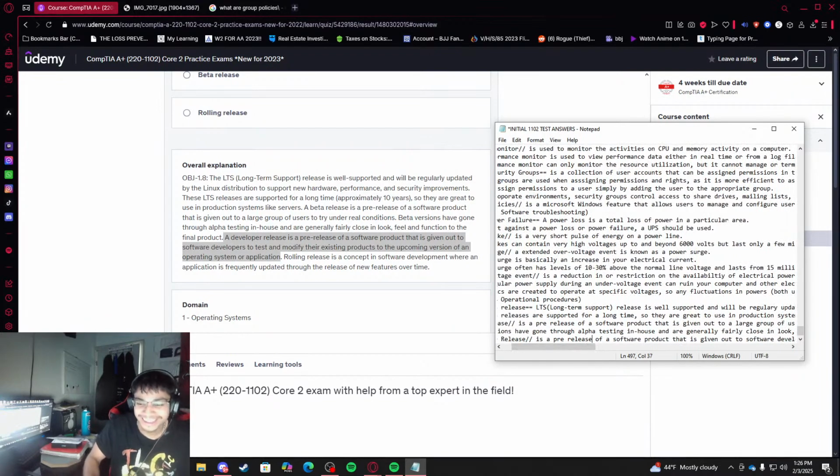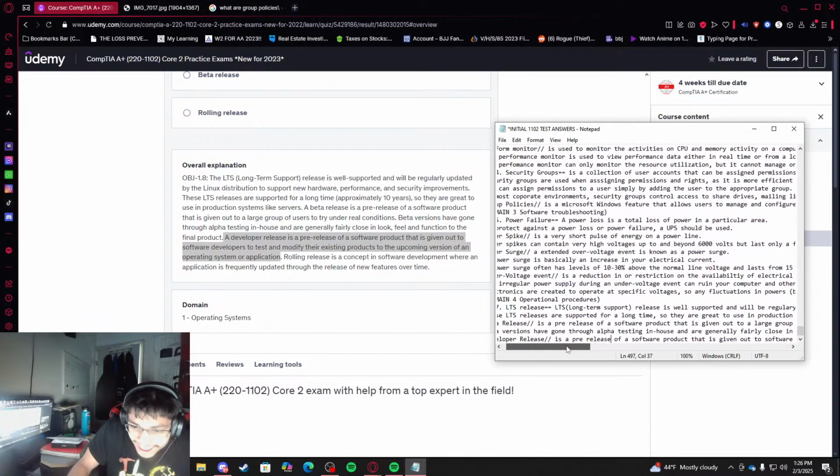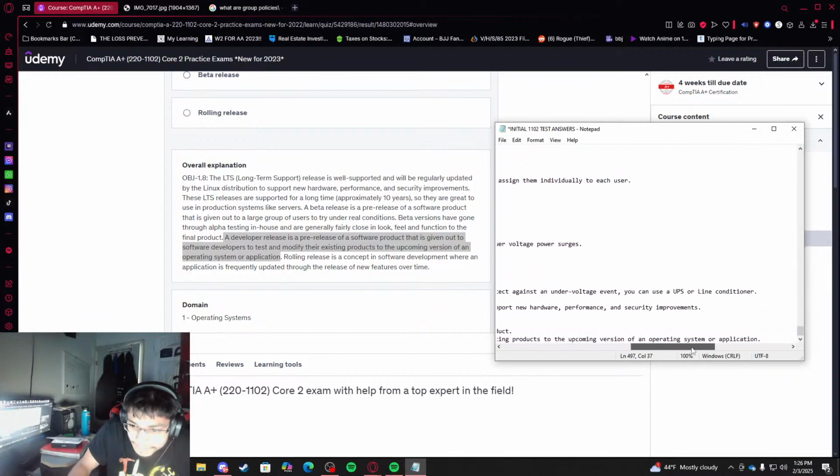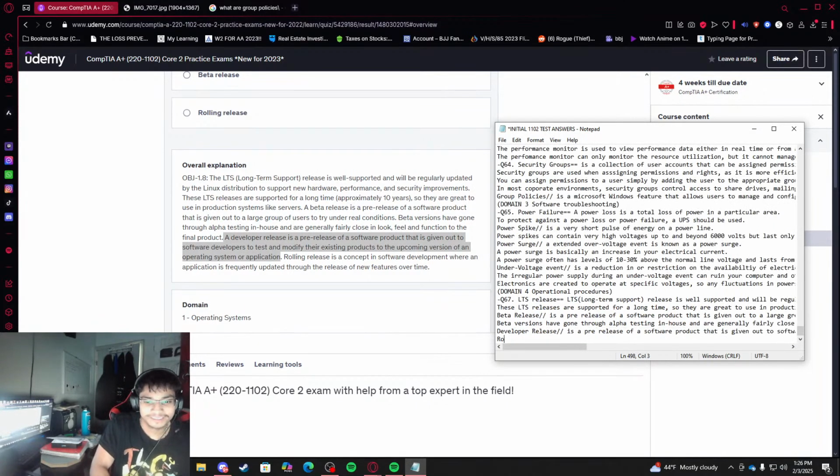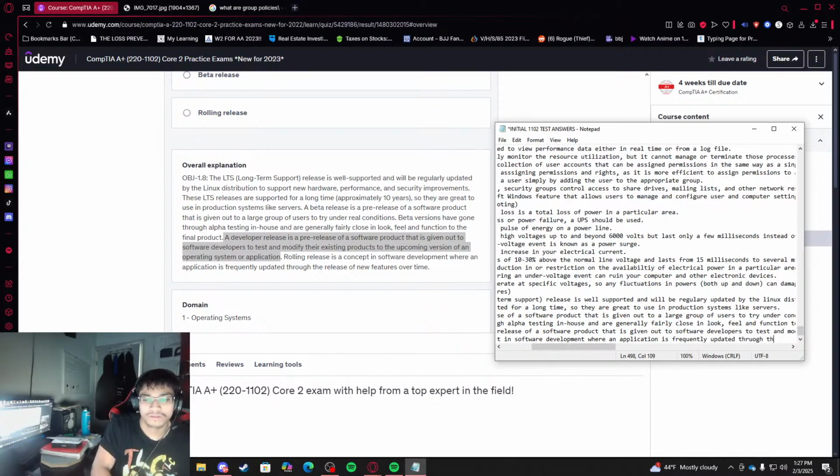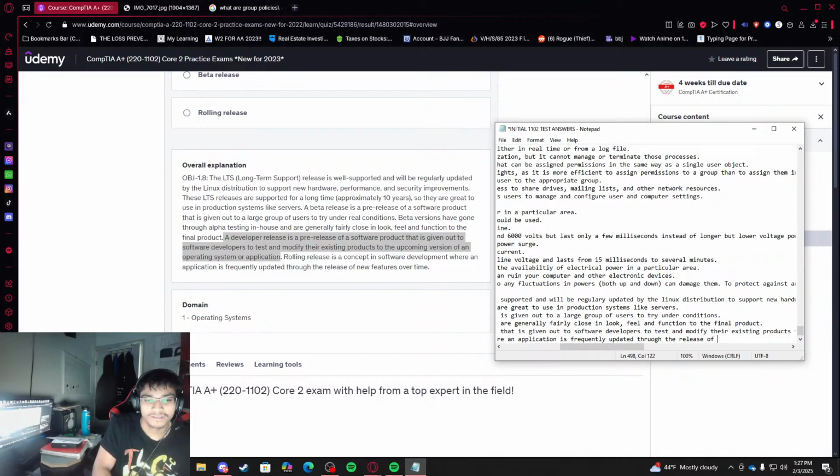Pre-release. No way Navi steals it from him. Rolling release is a concept in software development where an application is frequently updated through the release of new features over time.